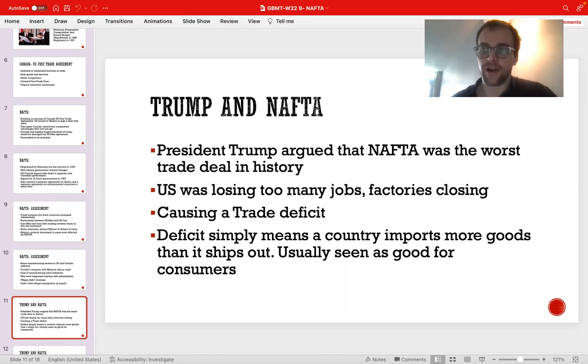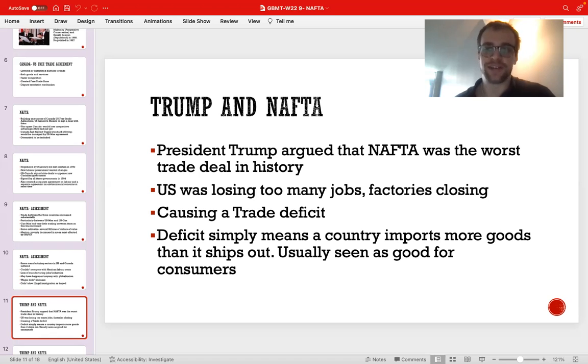Trump played on this base of support from the Rust Belt and targeted NAFTA and the factories and jobs lost in places such as Michigan, where the auto sector lost out a lot due to NAFTA, as well as Ohio and Wisconsin in the manufacturing sector, and Pennsylvania in the steel sector. So these are the places where Trump made such strong anti-NAFTA arguments, which were also crucial states for the Republicans to win in the 2016 presidential election.